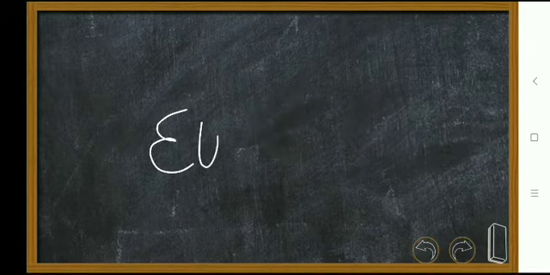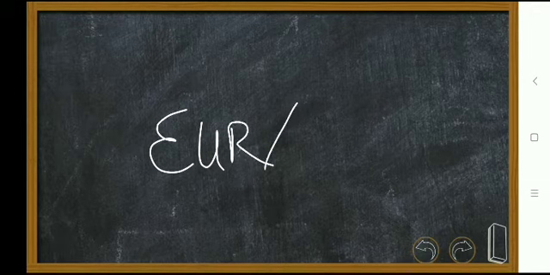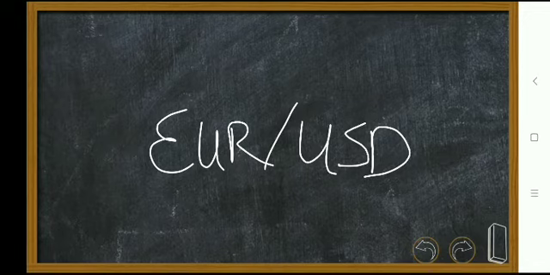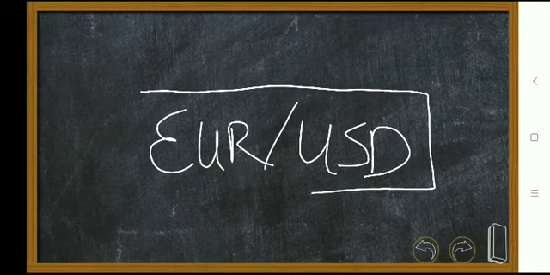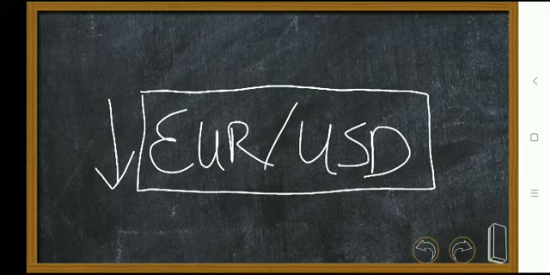So let's go back. Since euro is a base in this pair, that means when you sell, you are going to sell the entire pair. Yes, you are automatically buying USD, but you sell the entire pair. The entire pair will go down because of euro. Euro is a reflection of the entire pair.